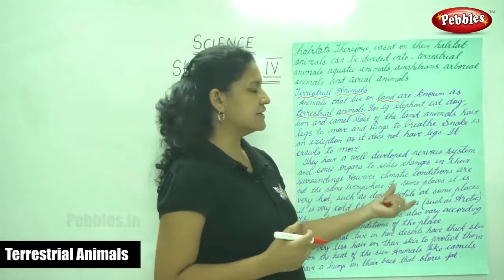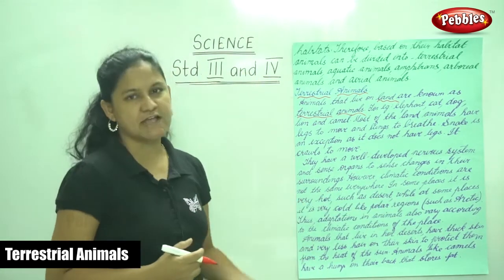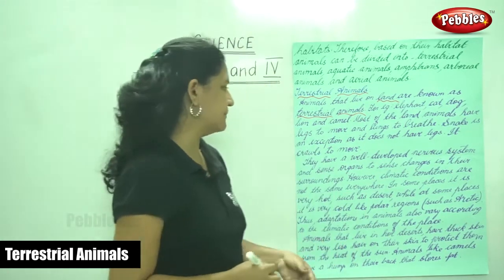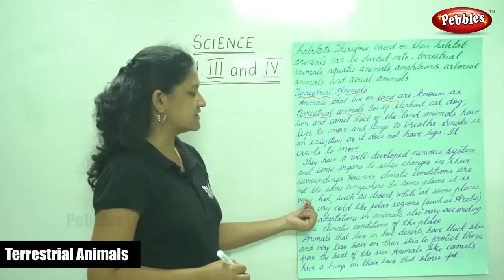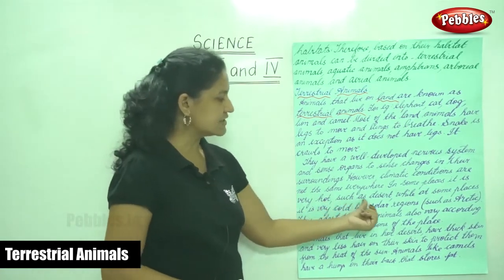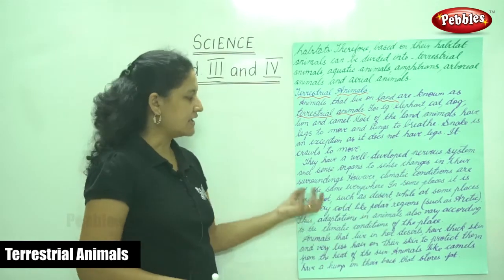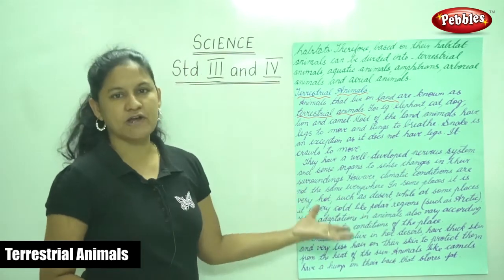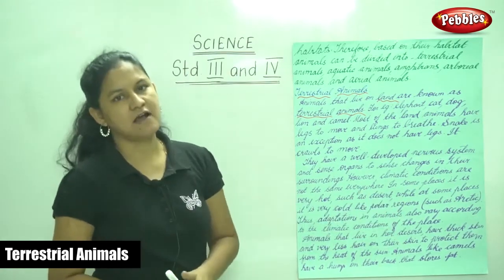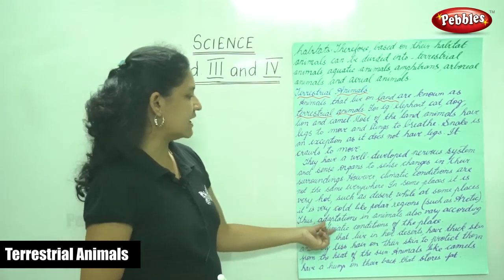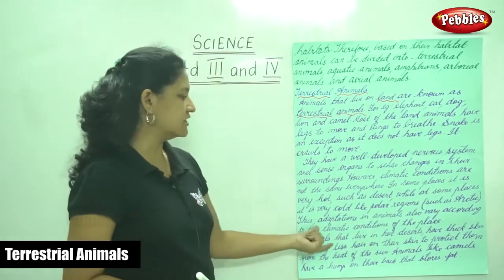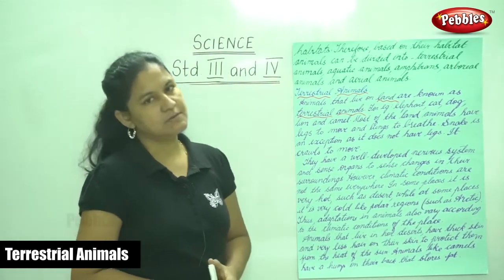However, climatic conditions are not the same everywhere. The weather keeps changing. In some places it is very hot, for example a desert, while at some places it is very cold, like the polar regions such as the Arctic. Thus, adaptations in animals also vary according to the climatic conditions of the place.